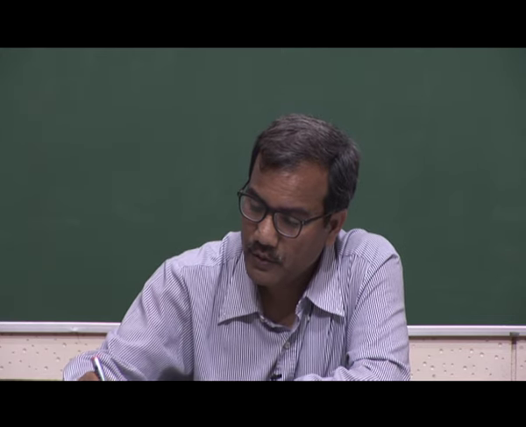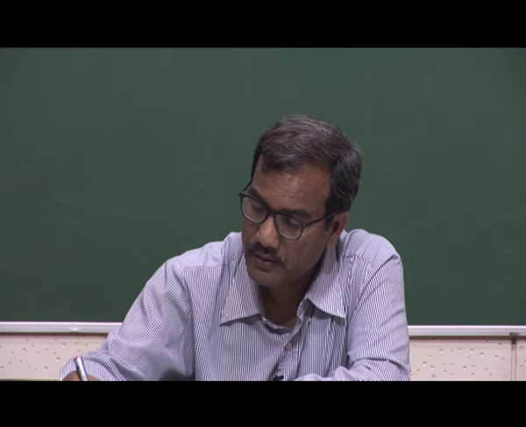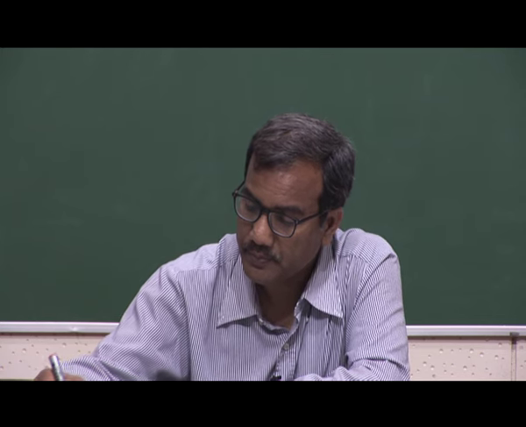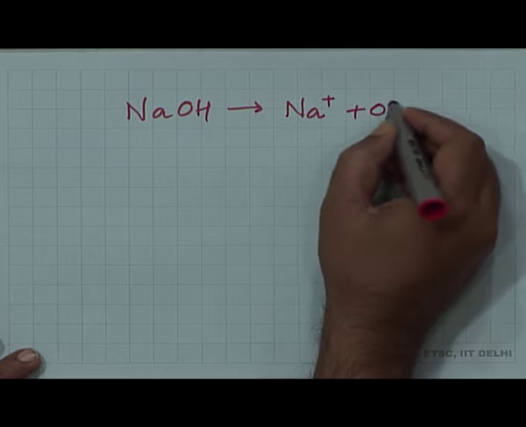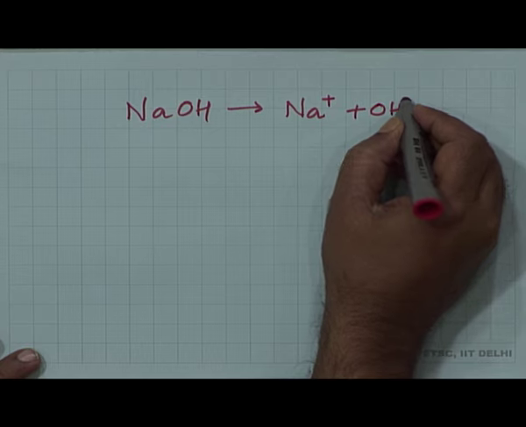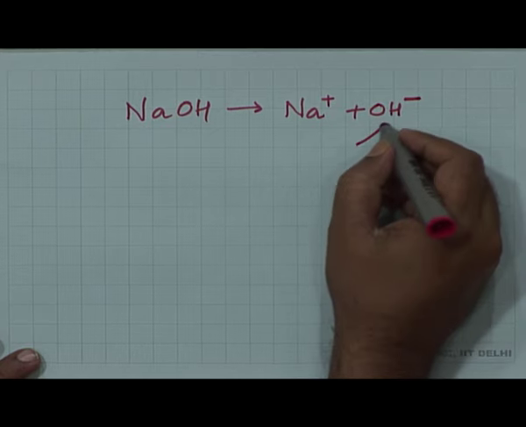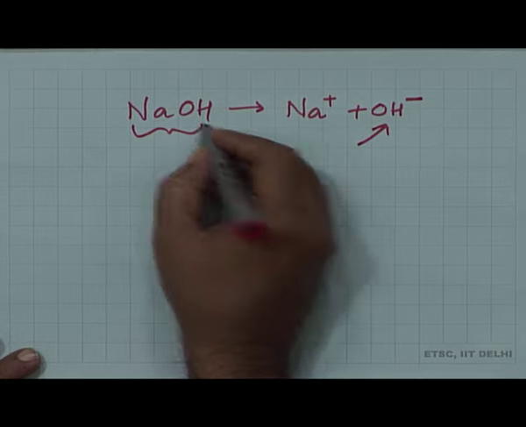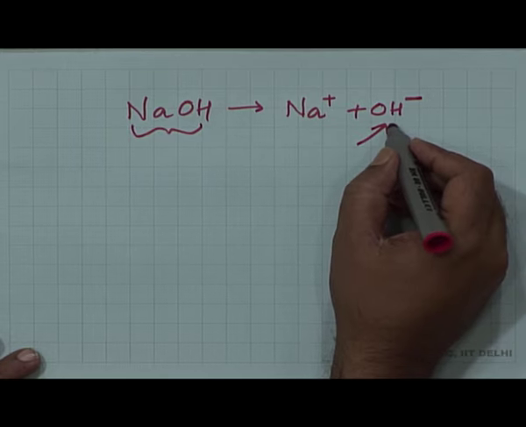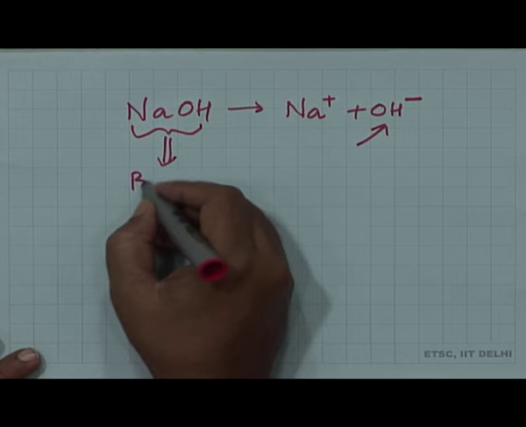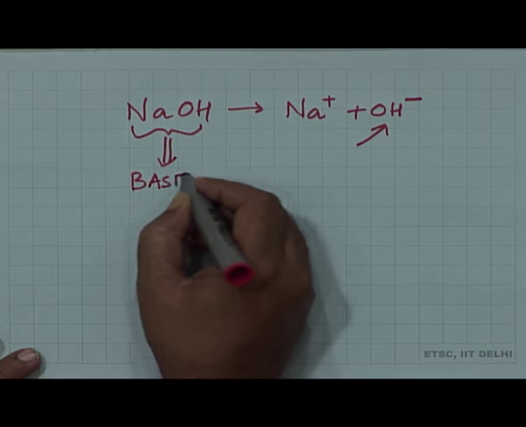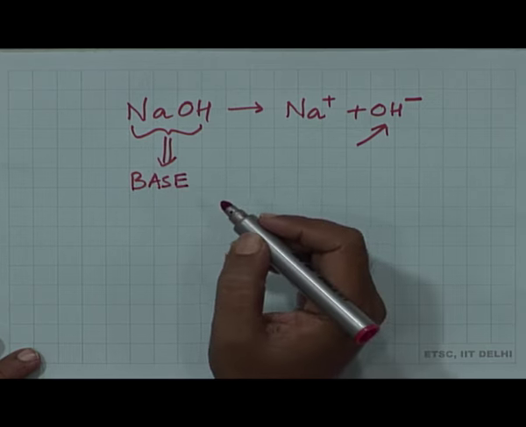So, sodium hydroxide put in water will dissociate into Na plus OH minus. Since NaOH is capable of giving OH minus ion, NaOH is a base.